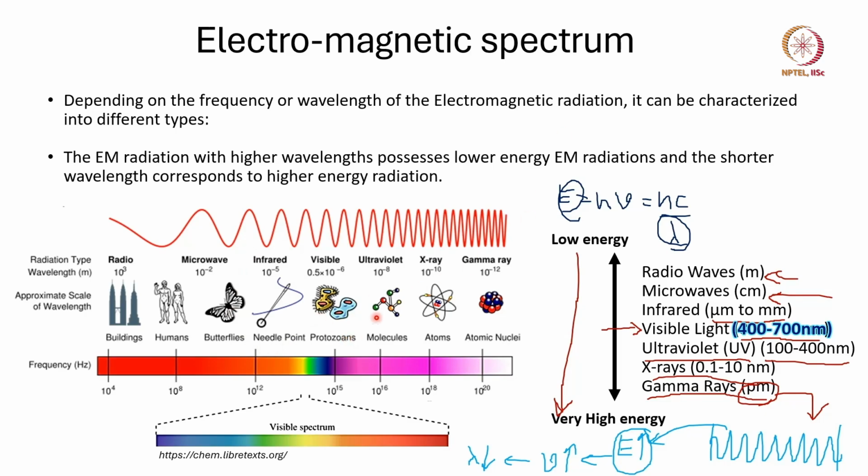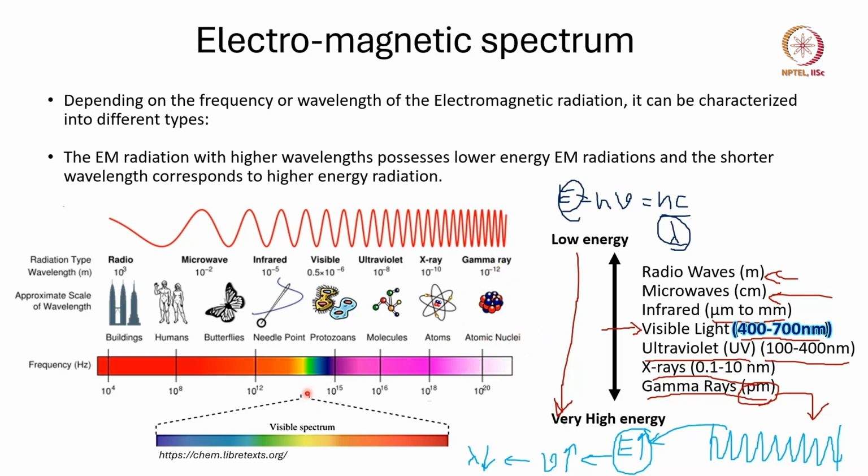And the visible light has an even smaller wavelength, almost the size of protozoans, which are around 1 micron. As we go towards even shorter wavelengths, the wavelength of ultraviolet radiation is almost the order of the size of molecules, the wavelength of X-rays is almost the size of an atom, and the wavelength of gamma rays is of the order of the atomic nucleus.